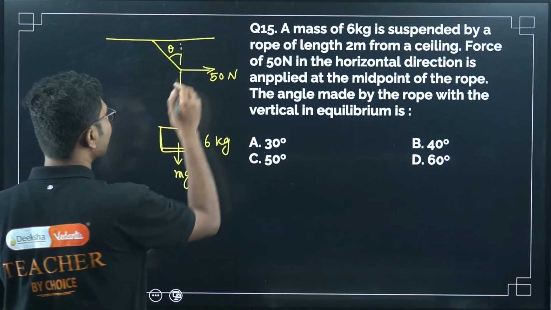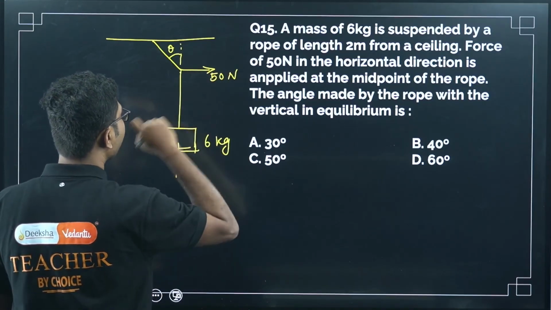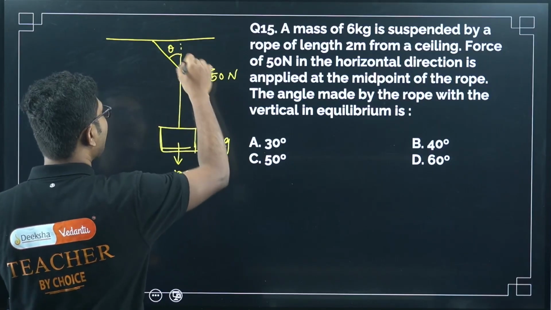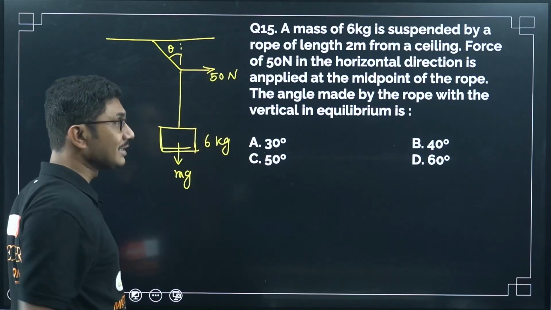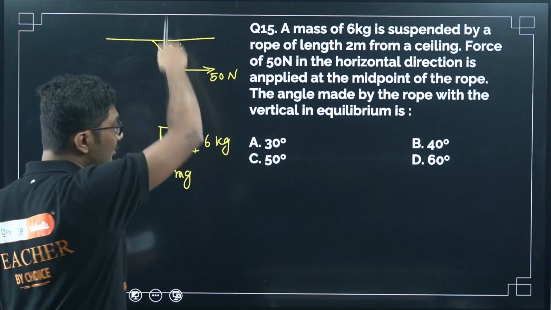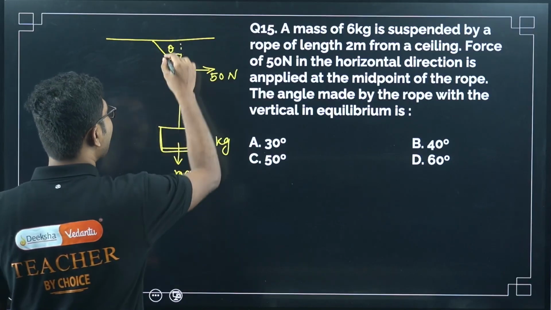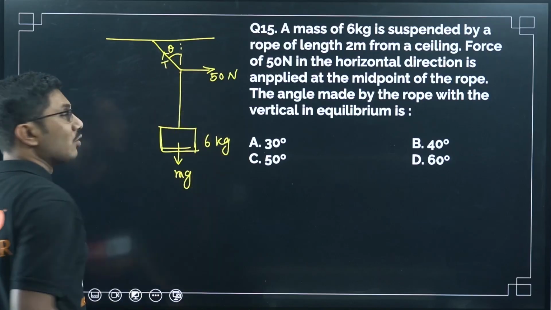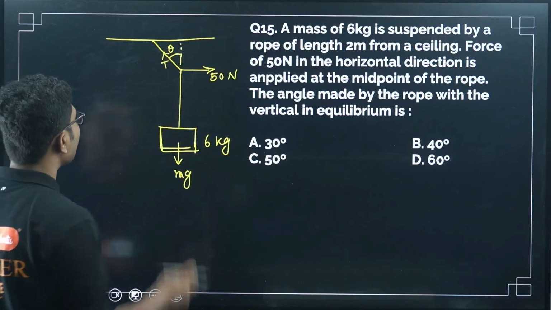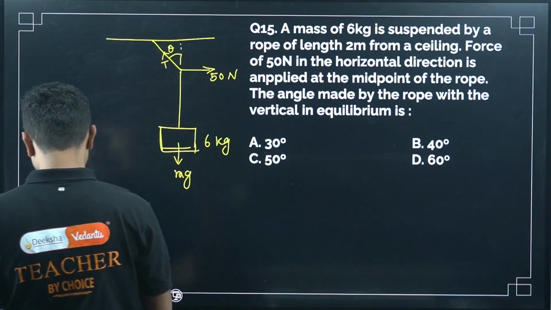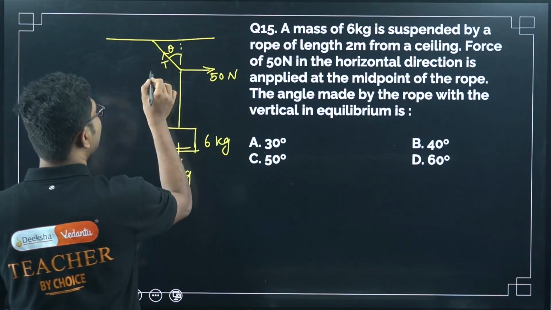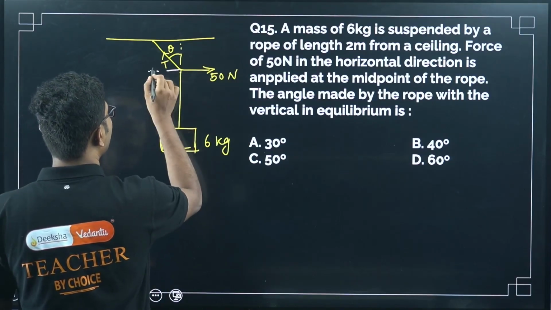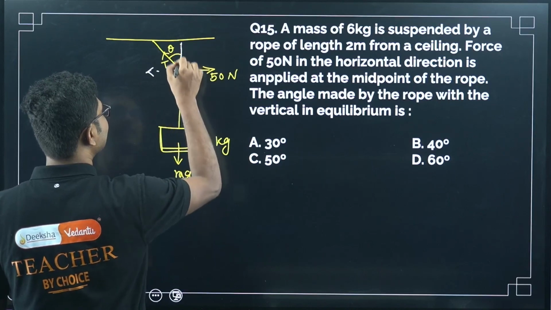Now what are all the forces? If you take this 50 Newton force, then someone has to balance this force if it is in equilibrium. Someone also has to balance this mg force. Now who will balance everything? Let's take the tension of the rope as T. If the tension of the rope at this point is T, then it will have two components, one along this direction and another in this direction.